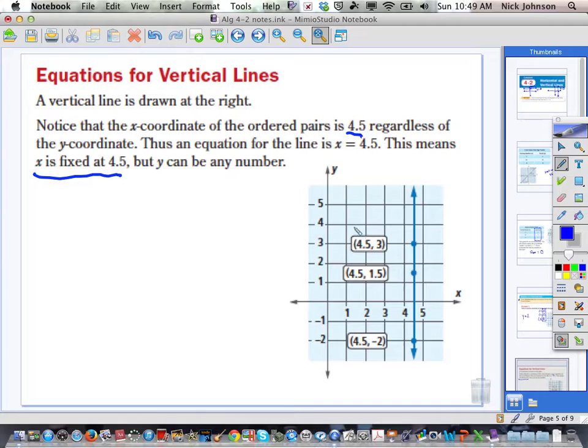So if you notice, if you have a vertical line, all your x values are the same. It doesn't matter what your y-coordinate is. All your x values are the same. So the equation for this vertical line is x equals 4.5.